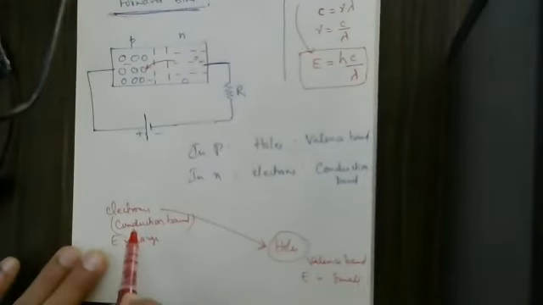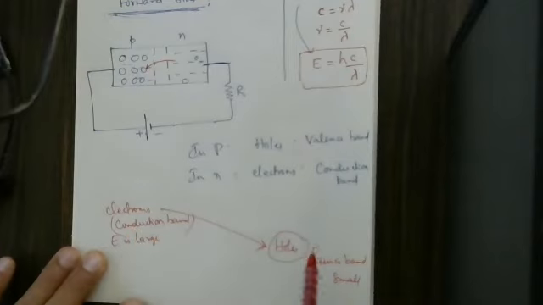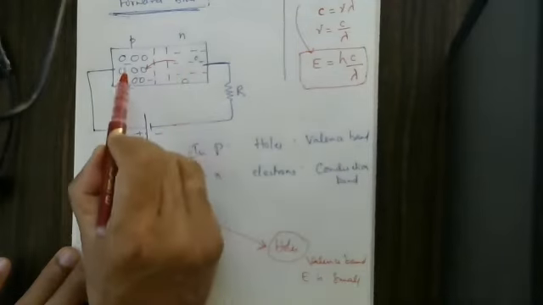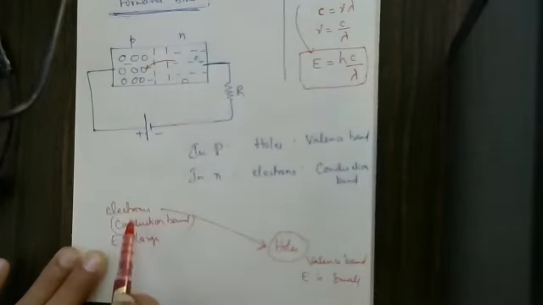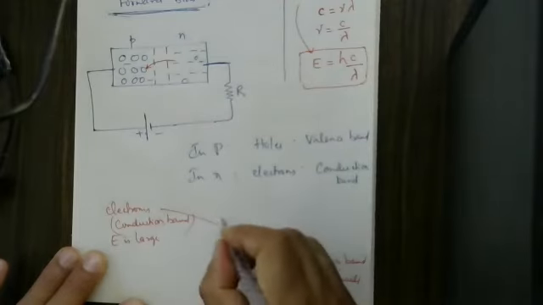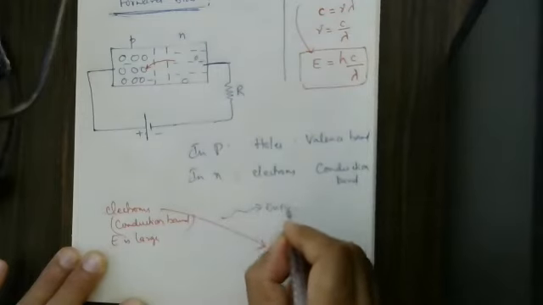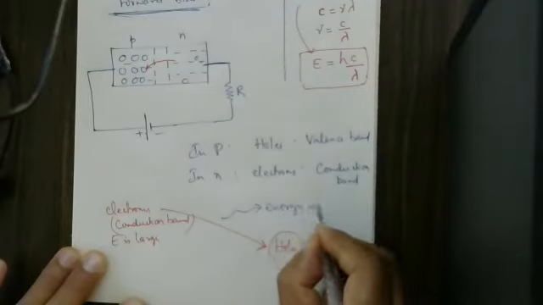Therefore, the electron is jumping from the higher energy conduction band to the lower energy valence band when the electrons are moving from N variety to P variety to occupy the holes. Therefore, the energy difference, whatever it is here, appears in the form of light energy. This energy appears in the form of light.